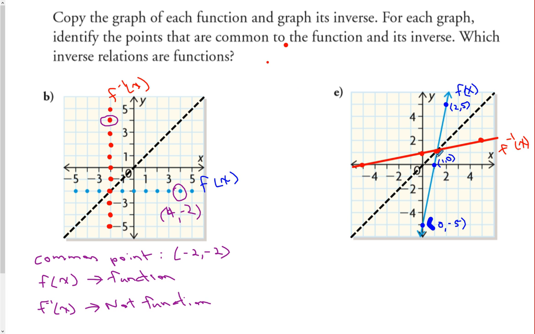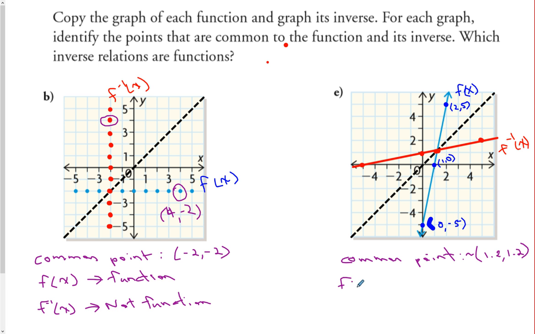It's a little trickier, of course, with a quadratic. We'll show you one of those a little bit later. So common point is something like 1.2, 1.2. That's kind of like, I'll put a little twiddle there because it's close to that.